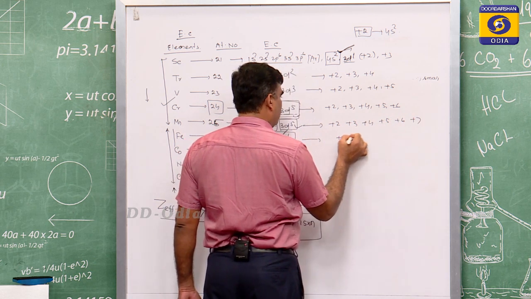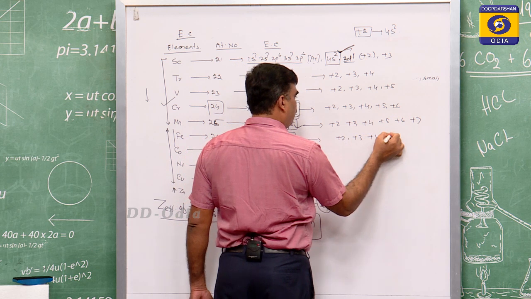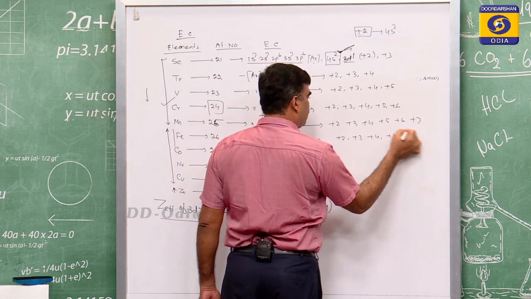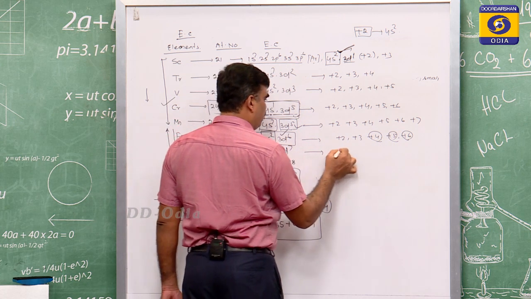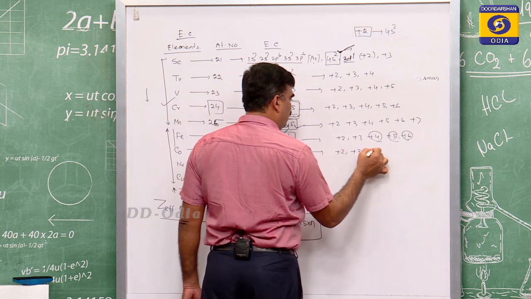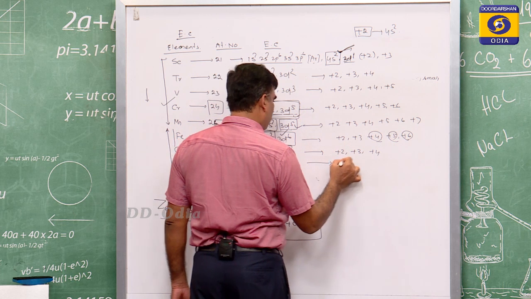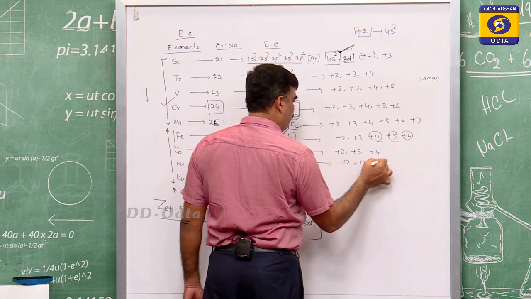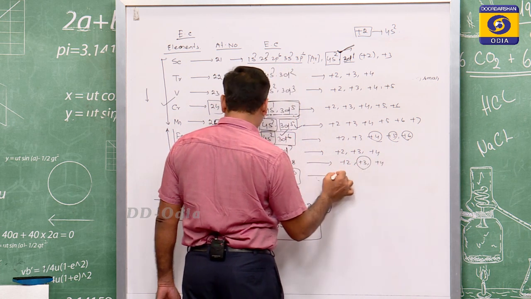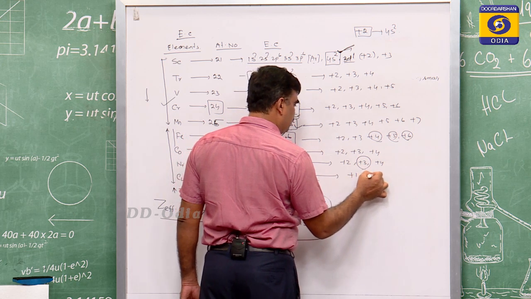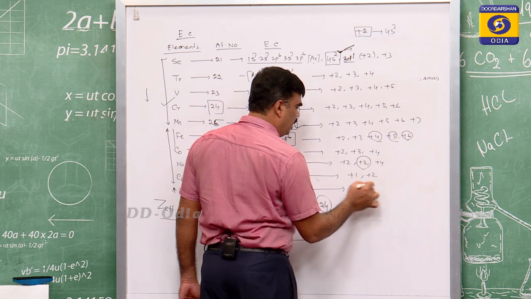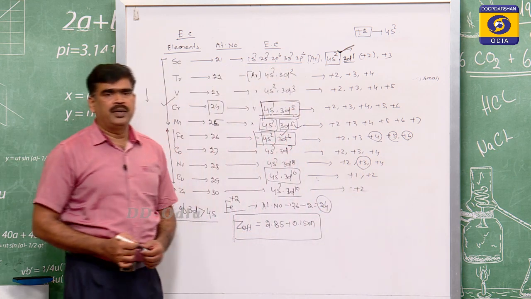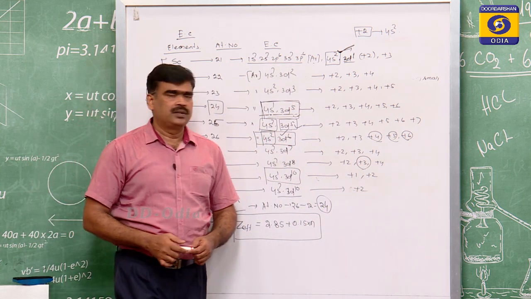Iron +2, +3, +4, +5, +6 highest, but these are unstable. Cobalt +2, +3, +4, nickel +2, +3, +4, +3 is unstable, copper is +1 and maximum is +2, and zinc has only +2.